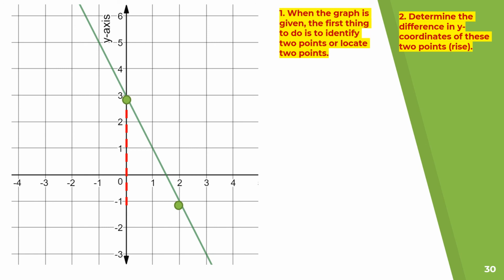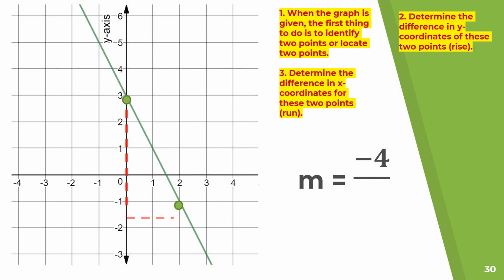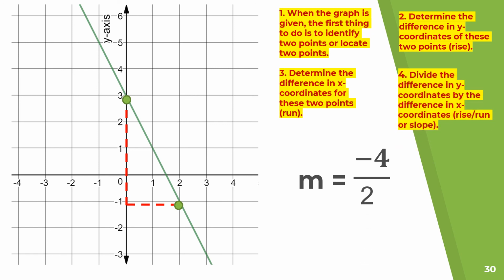Rise mo is negative 4. Tingnan natin ha. 1, 2, 3, 4. Negative 4. Ang run mo ngayon, ilan? 1, 2. Since pa right, positive. Pag left, negative. So, divide mo yan. Negative 4 divided by 2. The slope is negative 2.